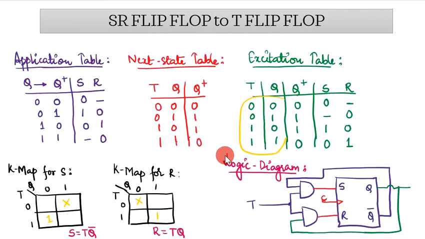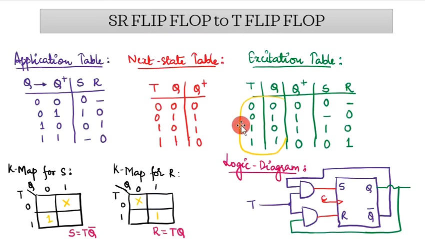The next one is SR flip-flop to T flip-flop. In this particular conversion, we are going to write the application table of the SR flip-flop, the next state table of the T flip-flop, and the excitation table, and correspondingly we are going to write the S and R values.